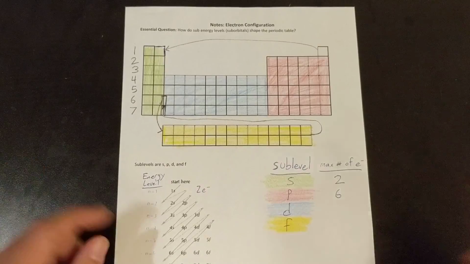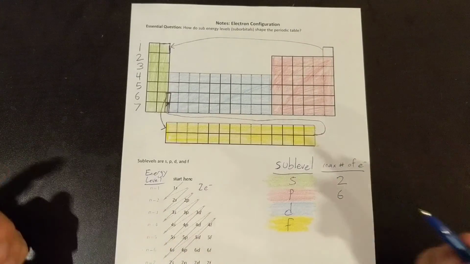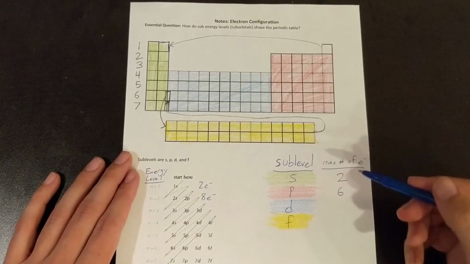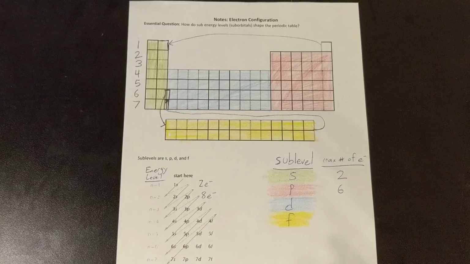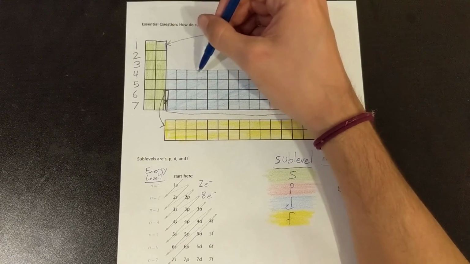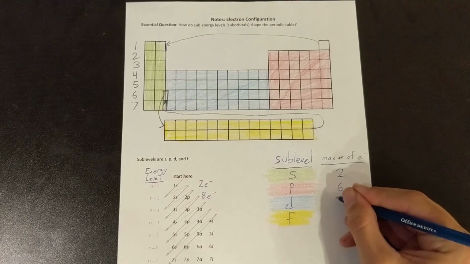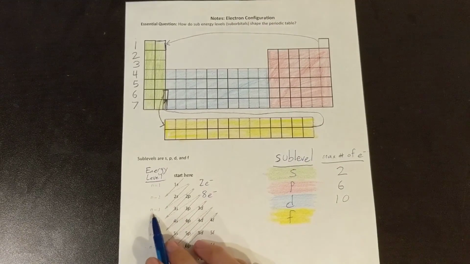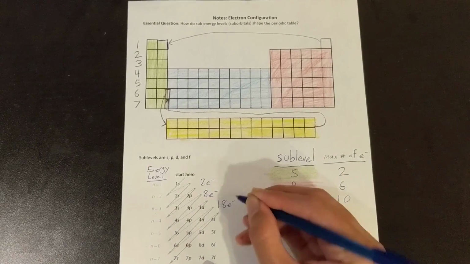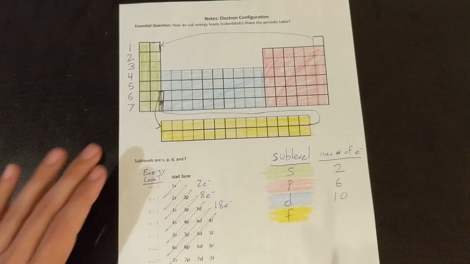Which also makes sense because if you take a look at energy level 2, it has an S sublevel and a P sublevel, and it can hold 8 electrons because it has 2 plus 6. 8 spots for electrons. If you look at D, count it across: 1, 2, 3, 4, 5, 6, 7, 8, 9, 10 spots for electrons, which also makes sense because our energy level 3 can hold 18 electrons, we said. 2 plus 6 plus 10, 18. The math is working here.